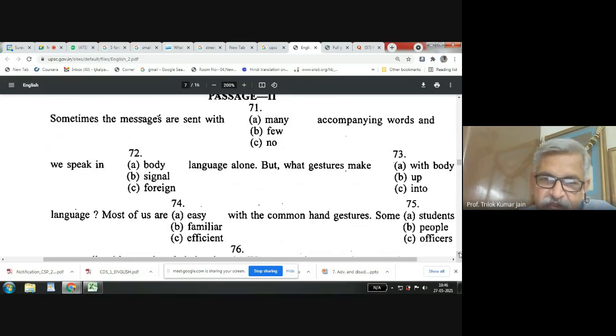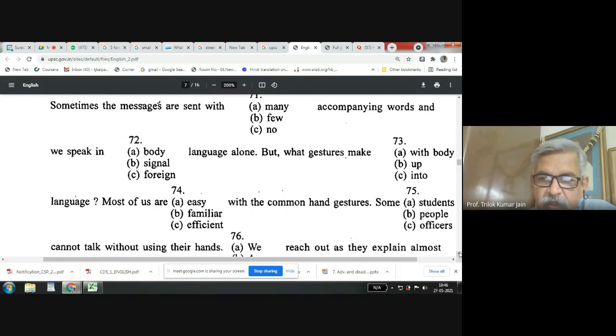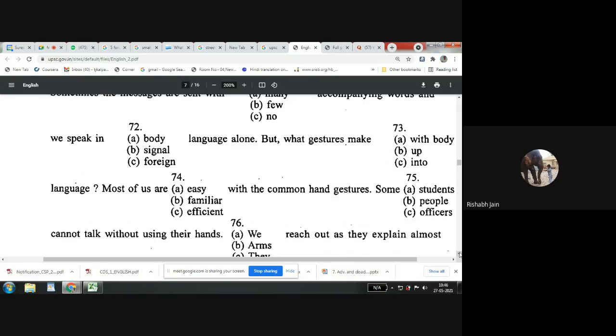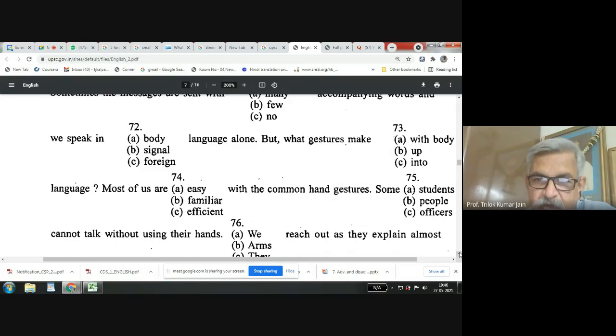Sometimes the messages are sent with few accompanying words, and we speak in ABC. Which language? B is the right answer. We speak in signal language alone. But our body language can also be used. Yes, A seems to be right. In body language alone, but what gestures make up body language?